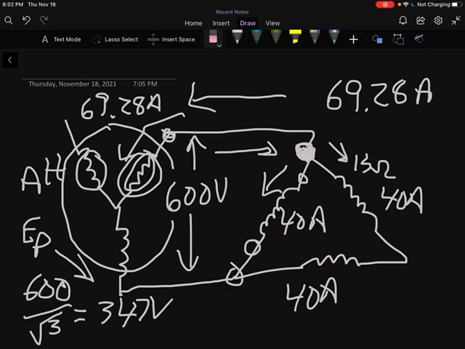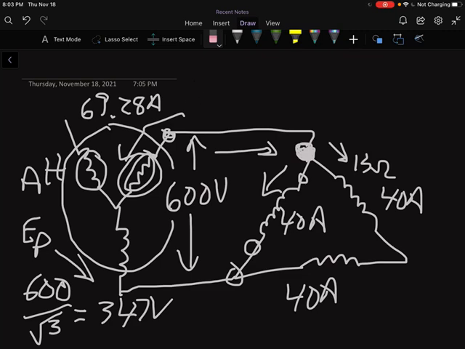When we look at our overall power, because we don't have multiple loads, whatever power is seen at the load is also going to be seen at the alternator.